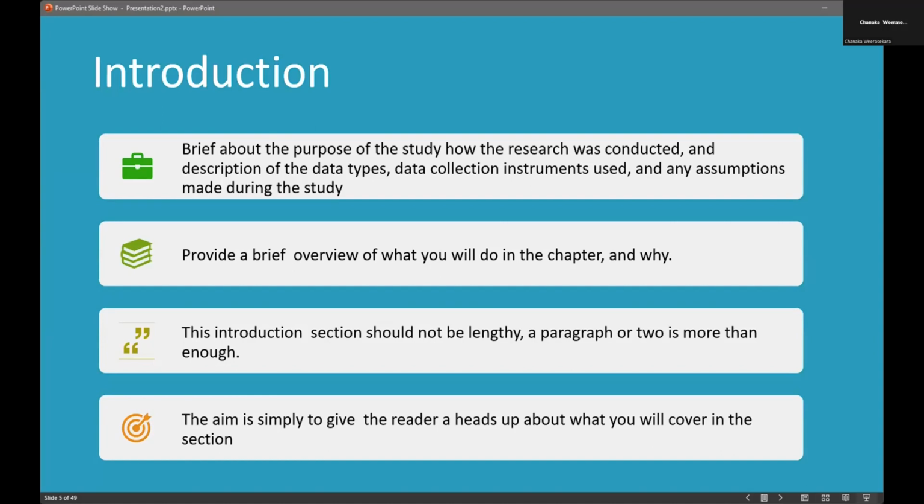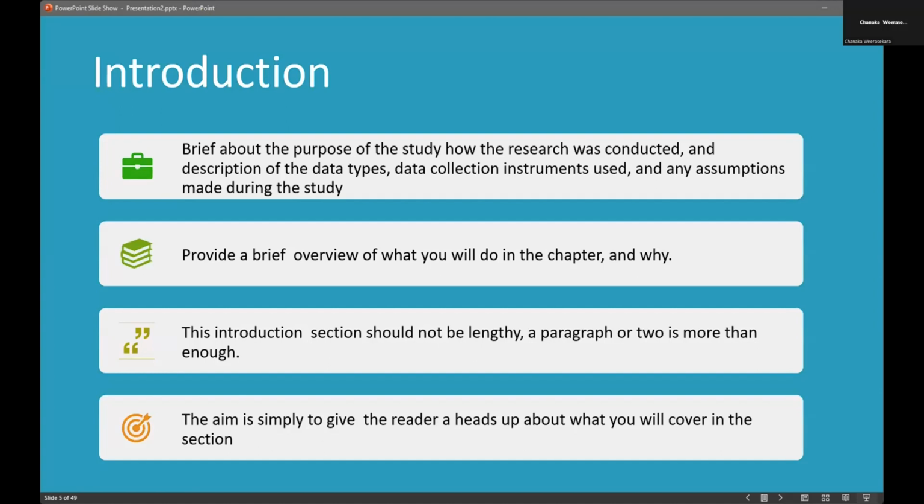Since this is the results chapter, when a reader goes through your report, he first reads the first chapter, then the literature review, then the methodology, and only then gets into the results section. So we need to have a connection to the introduction chapter.